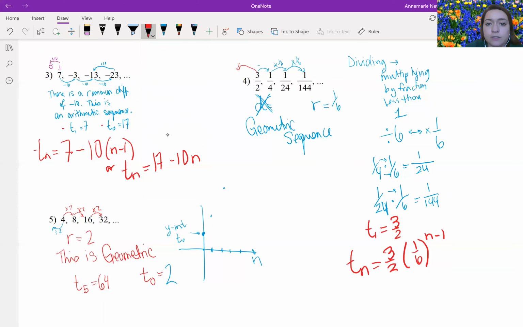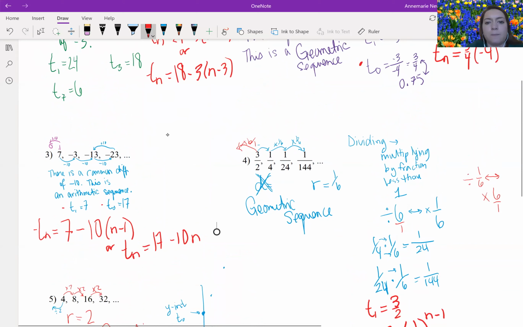If you wanted to go backwards from the first term and find the 0th term, instead of multiplying by 1/6, you would be dividing by 1/6. But dividing by 1/6 is also the same as multiplying by 6/1. It's like we flip the fraction, okay? So to figure out the 0th term, I would be multiplying 3/2 times 6/1, which gives me 18/2, which I can simplify. 18 divided by 2 is 9.